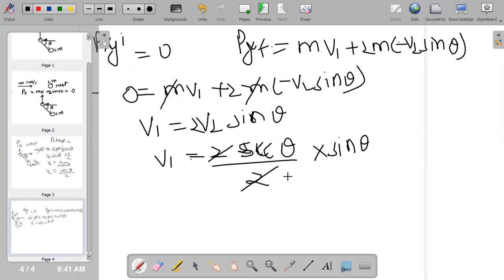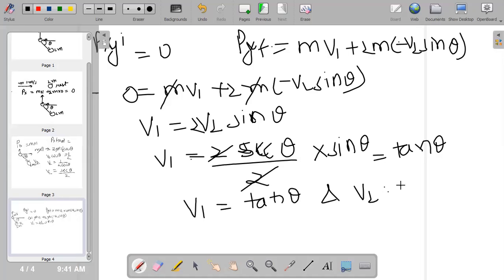Sec theta is equal to 1 by cos theta, so this will become equal to tan theta. So v1 we are getting, v1 is equal to tan theta and v2 is equal to 2 sec theta by 2. This is what we are getting.